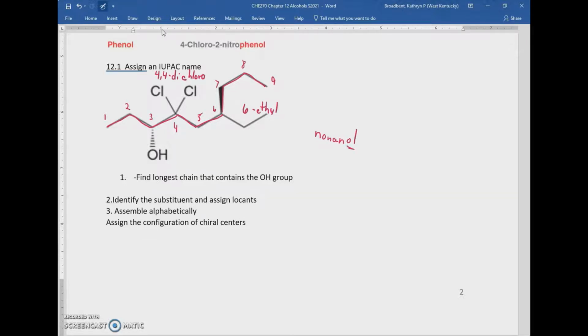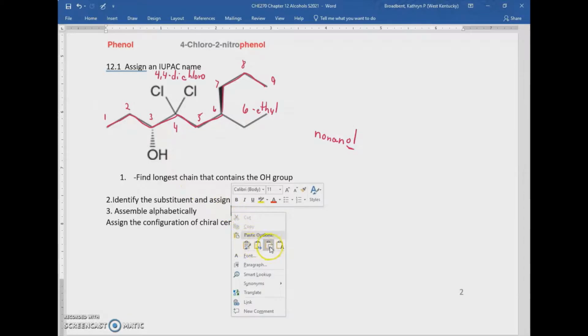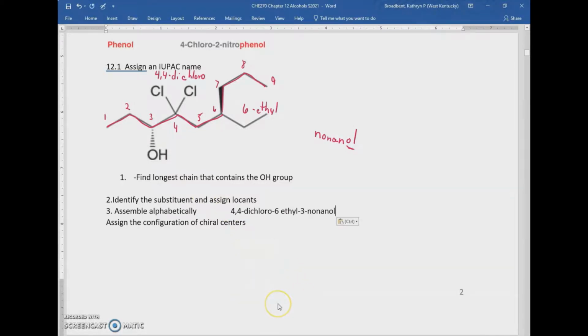Nonanol, OL on the end, because it's a 9 carbon compound. If we assemble it alphabetically, we get a 4,4-dichloro-6-ethyl-3-nonanol. And then we need to assign the configuration of the chiral centers.